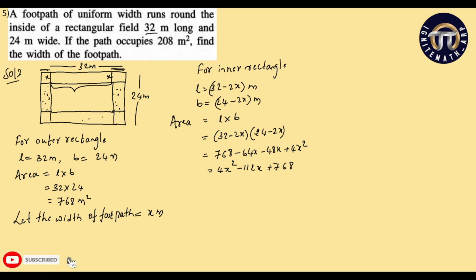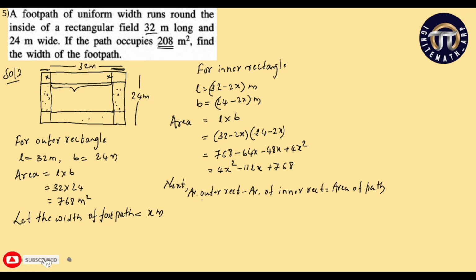This is nothing but the area of the inner rectangle. Now it is given to you that the area of the path is 208. So what is the area of the path? That is nothing but outer rectangle minus inner rectangle. If I do, I will get the area of the path. So area of outer rectangle minus area of inner rectangle is equal to area of path.